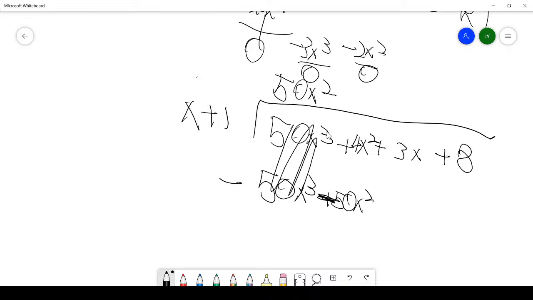Even if it overflows onto the next number, like we see here, you can show how to do it: 46x squared. So for this, negative 46x.